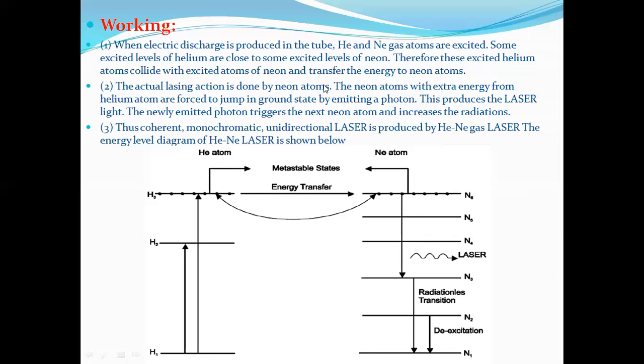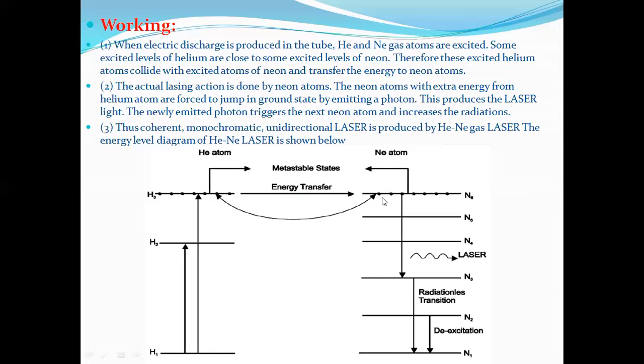Therefore, excited helium atoms collide with excited atoms of neon and transfer the energy to neon, because helium's second and third levels are close to neon's fourth and sixth levels. Then the neon atom goes to a lower state, as excited helium is incident on the excited neon.